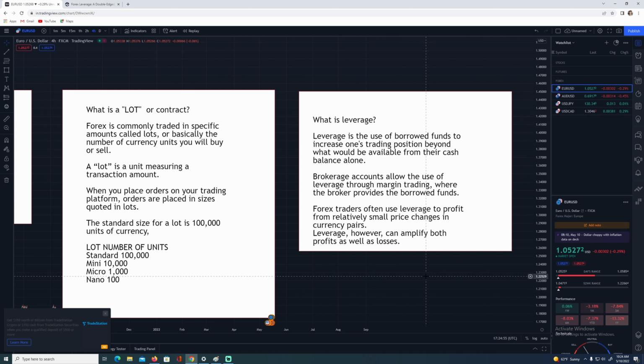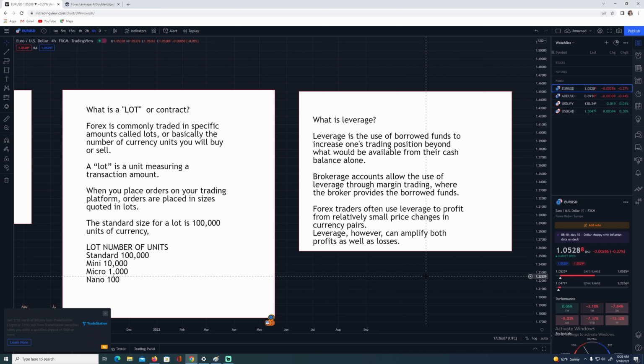They provide 1 to 50 leverage. So for every dollar that I put in my account, they allow me to trade $50. So that means I only need to have 1/50th of the money, which is $2,000. So to place an order for 100,000 units, I only need to have 2% in my account.